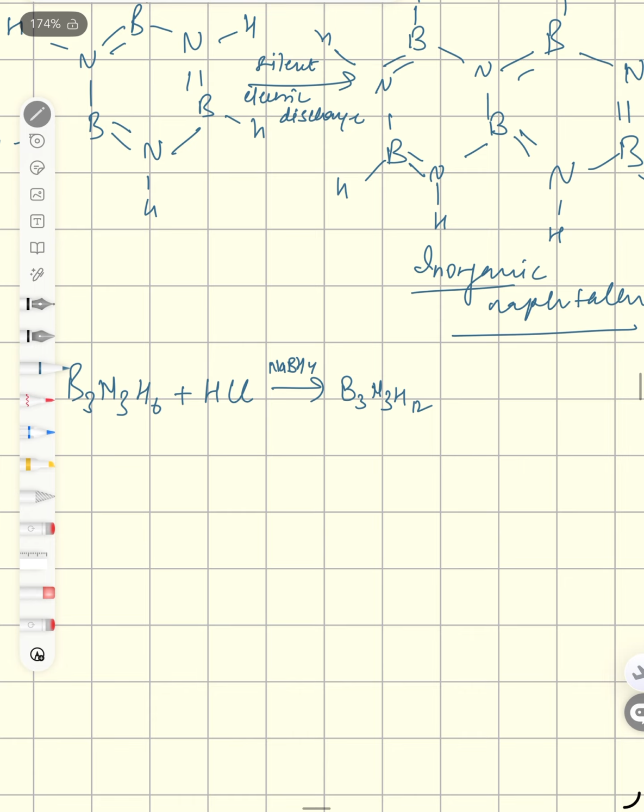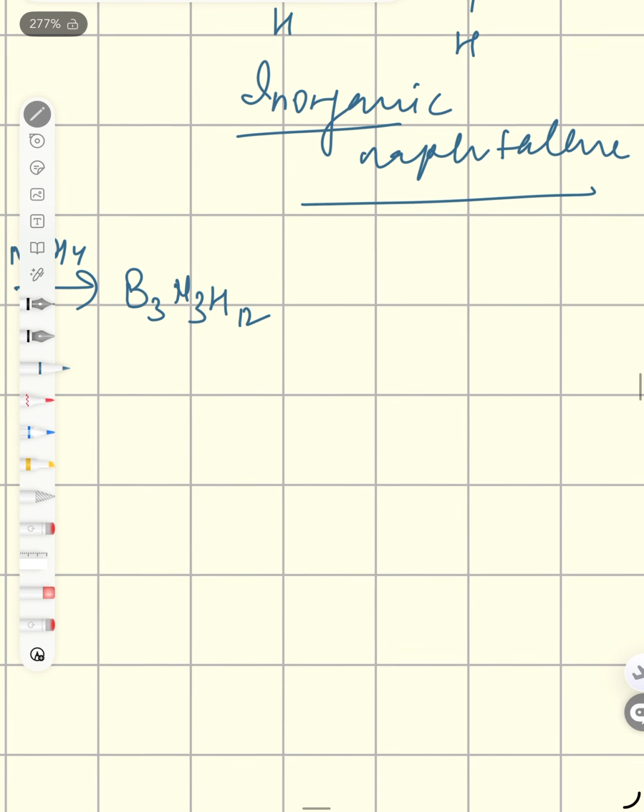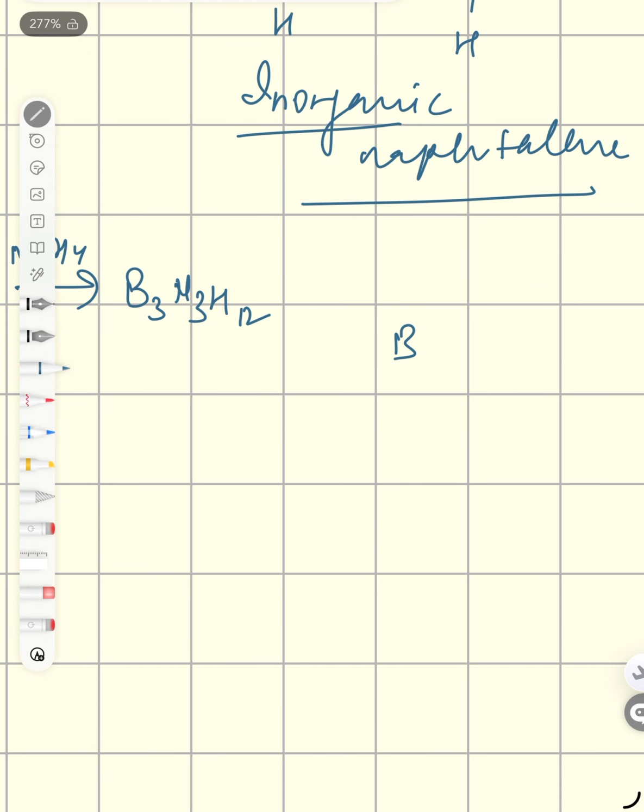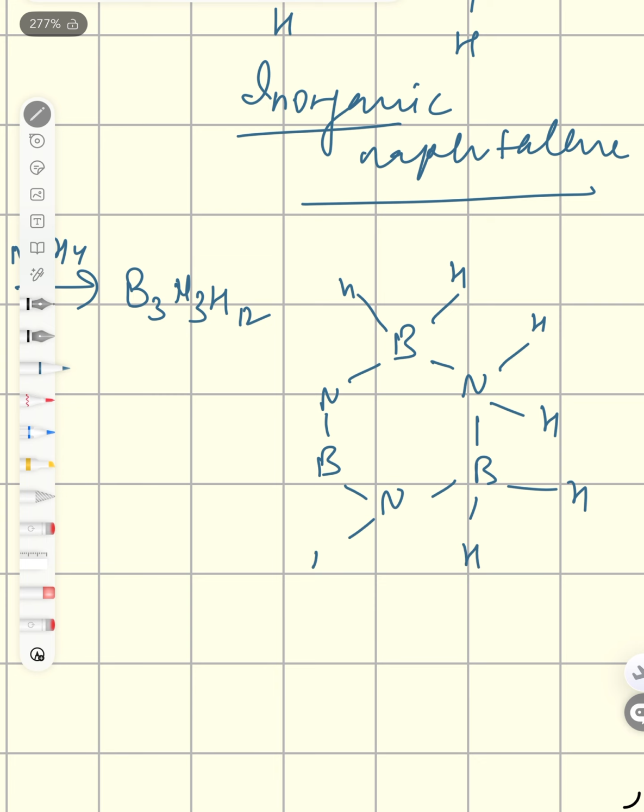Now here all the pi bonds are reduced to sigma bonds, like this. It is similar to cyclohexane, except that boron and nitrogen atoms replace the carbon atoms.